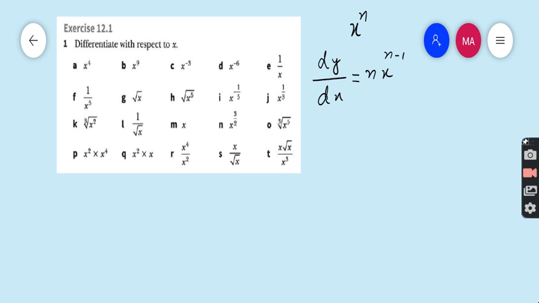It means write the power first and subtract 1 from the given power. Always subtract 1.